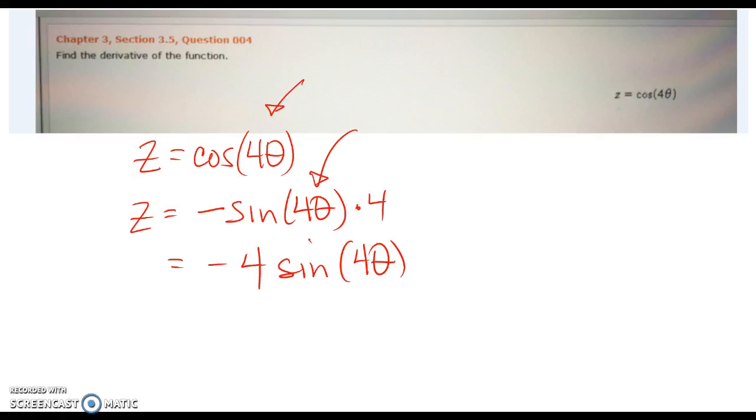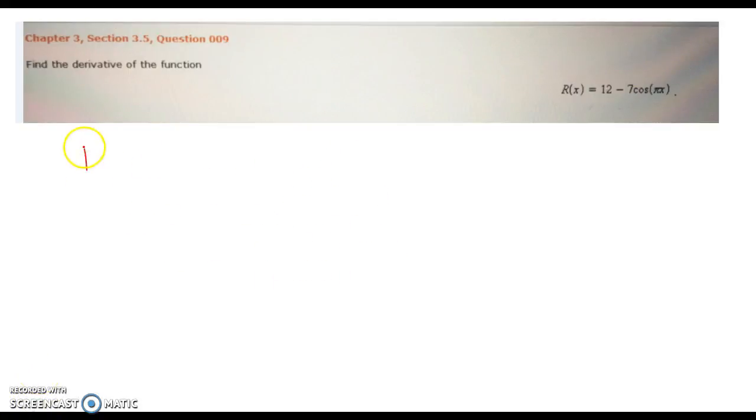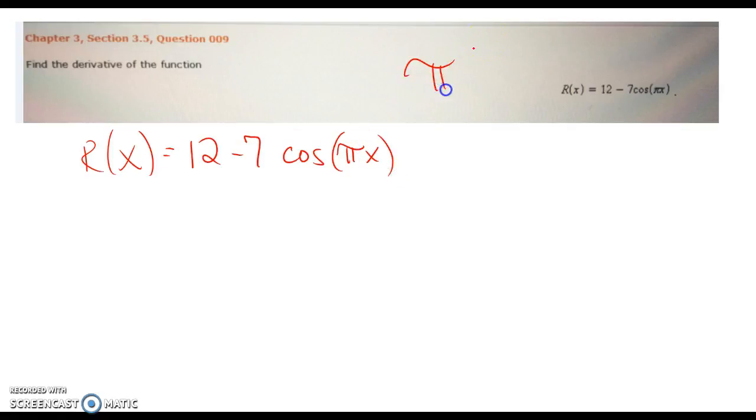Alright, the next one. Here's another derivative. R of x equals 12 minus 7 cosine pi x. Remember, pi is just a number, right? It's a constant. It's irrational, but it's a constant. So let's take the derivative of this. Well, the derivative of a constant is 0, and then we'll have this thing left.